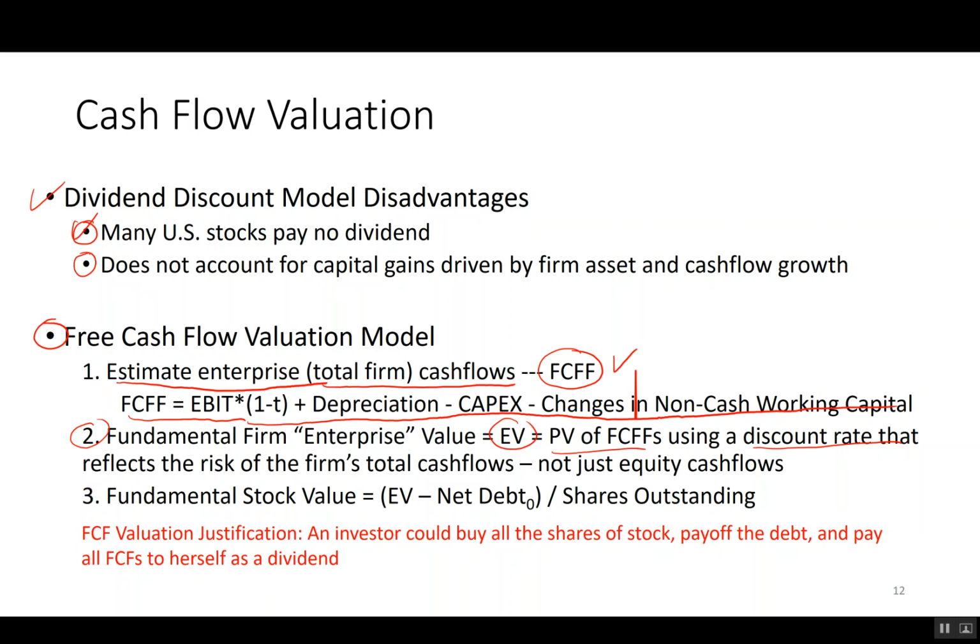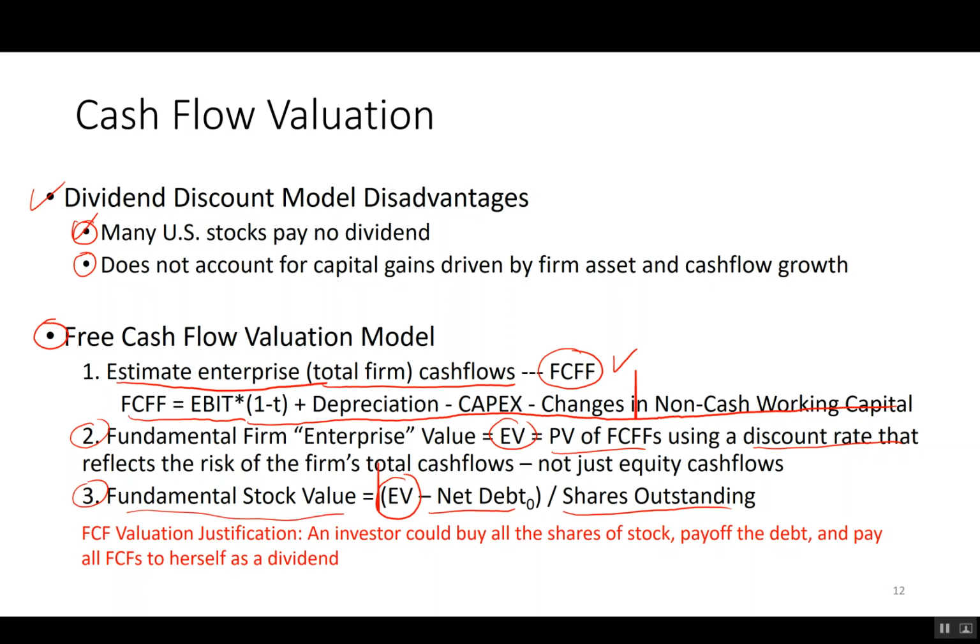And then lastly, we're going to say the fundamental stock price is the entire firm value, the enterprise value, minus the net debt, divided by shares outstanding. And the advantage of this model is it applies for firms that pay no dividends. And also the justification, you can say, well, why would I pay this amount?